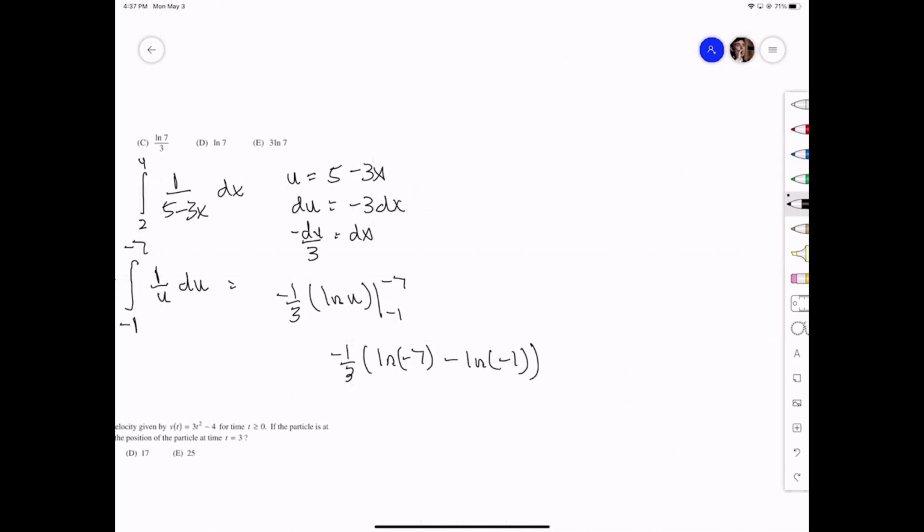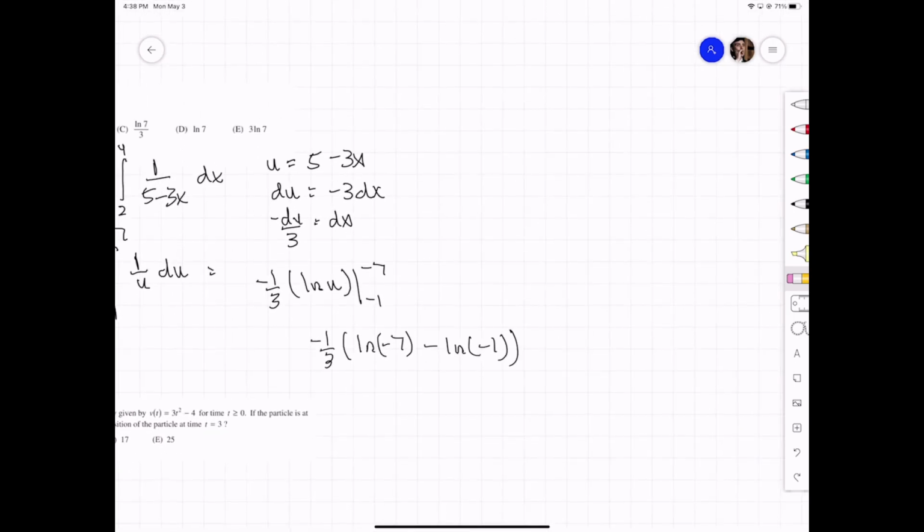Okay, so this can be rewritten as ln negative 7 over ln negative 1. Wait, wouldn't you rewrite it as ln of negative 7 over negative 1, and then it's just ln 7? Wouldn't you just divide negative 7 by negative 1? So you just get ln 7.